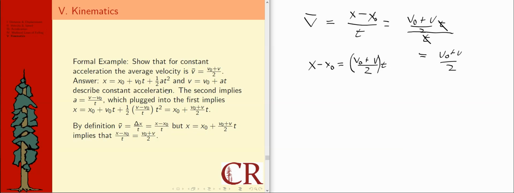But what this answer has done that I didn't really do is show how, from the first two kinematic formulas that describe constant acceleration, if you solve for acceleration in the second, which really is just the definition of acceleration, and plug that into the first, that's where the third formula comes from. So one way of thinking about how these first three formulas relate is it's really just a matter of algebra.